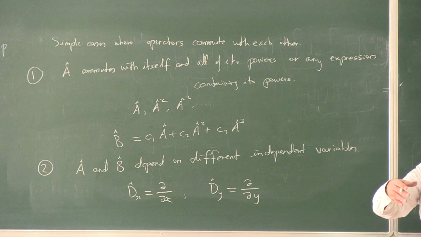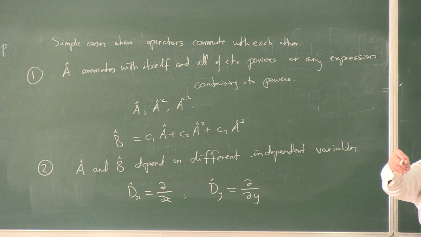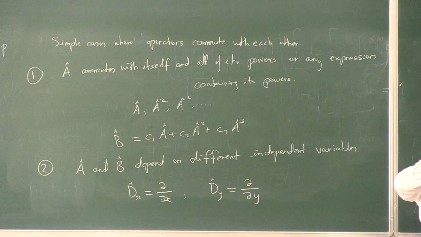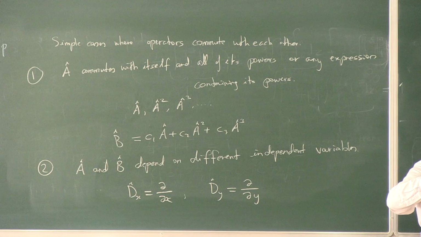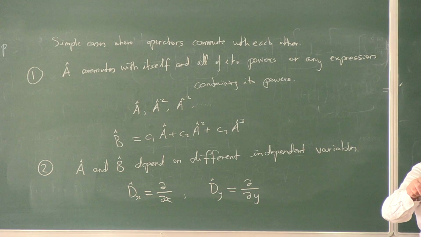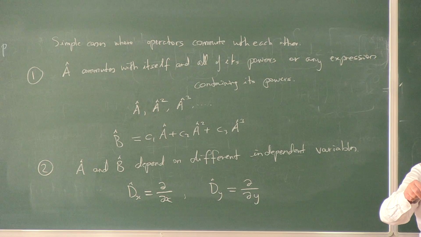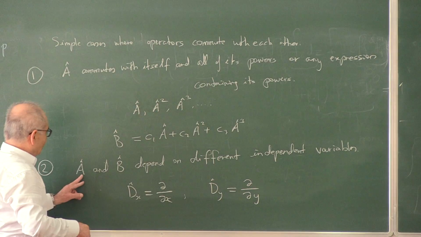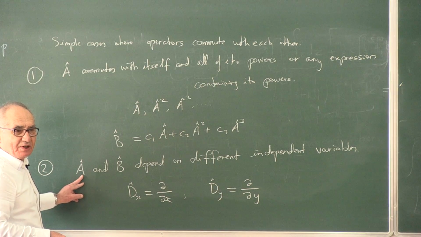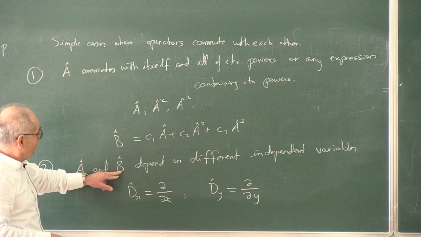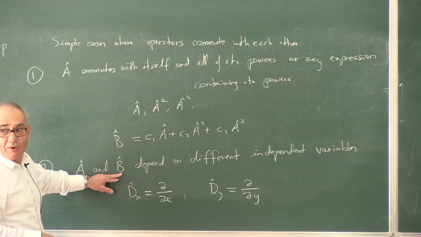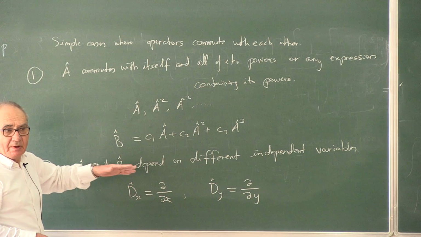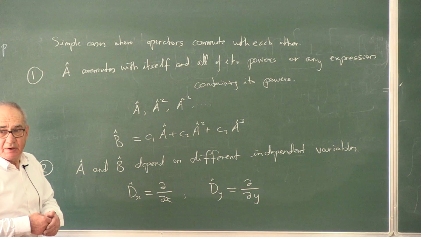Space variables describe the location of the particle in space, whereas spin variables are related with the spinning of the particle. And these two types of variables are independent. As a result, if operator A contains just space variables, but operator B contains only spin variables, then such A and B will always commute.